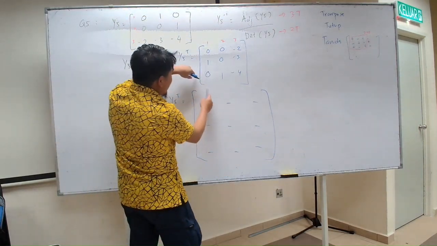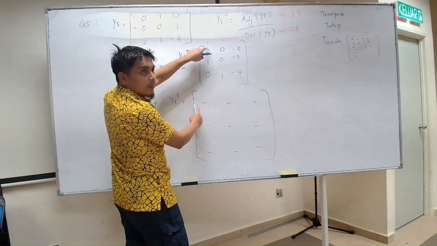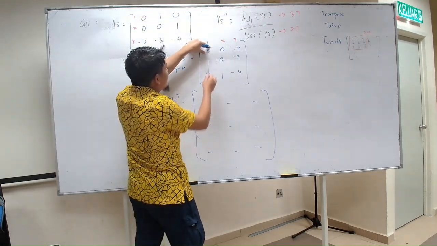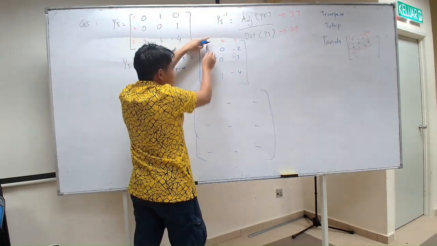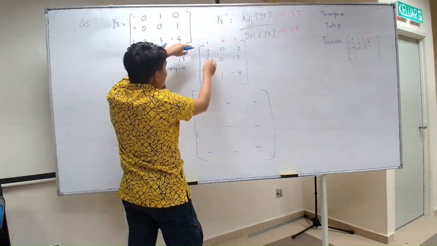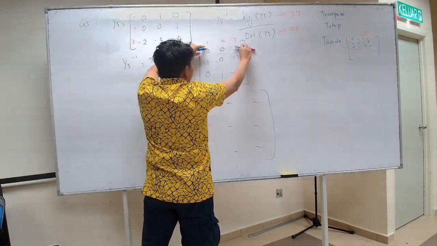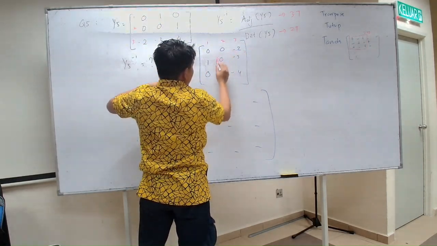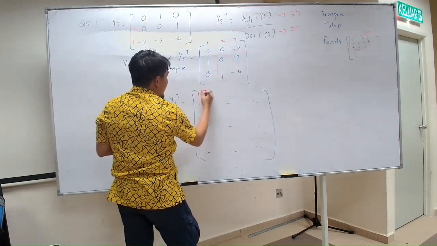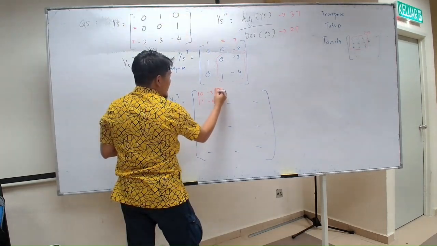If we want to find the value here, we need to tutup 0. When we tutup 0, we need to consider the vertical and horizontal. What is left is this, so you need to put 0, -3, 1 and -4.